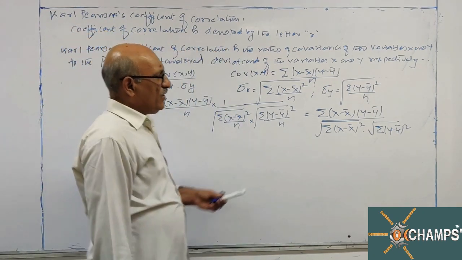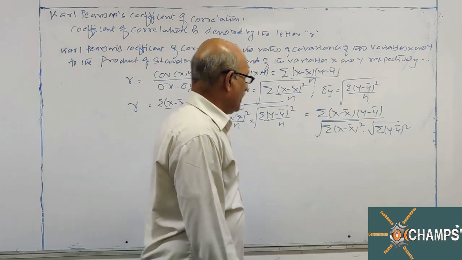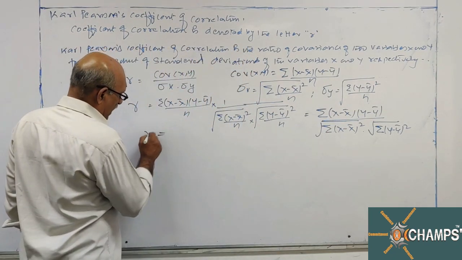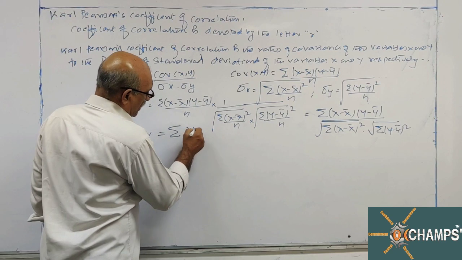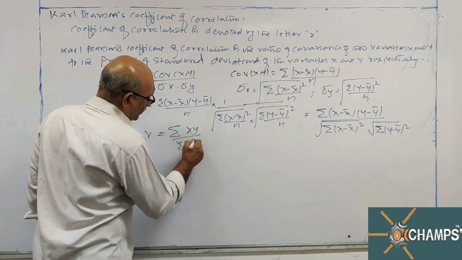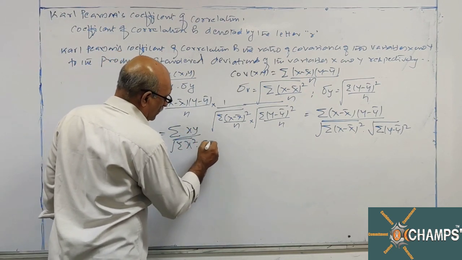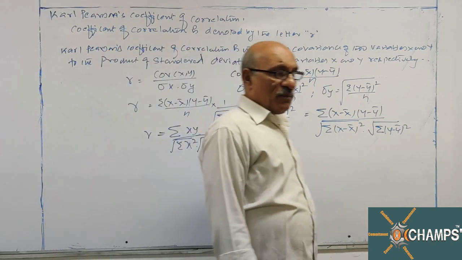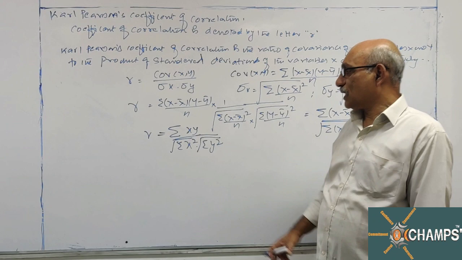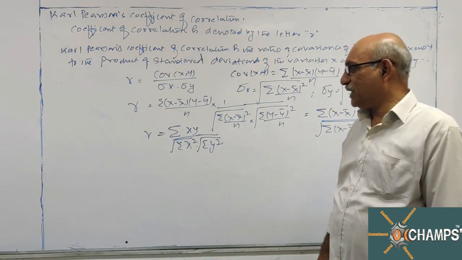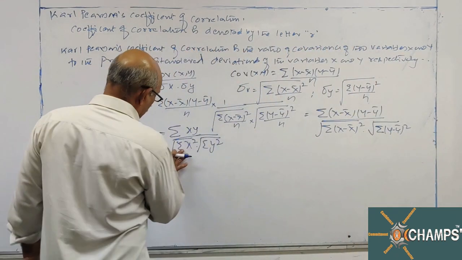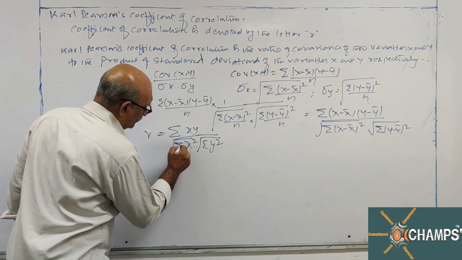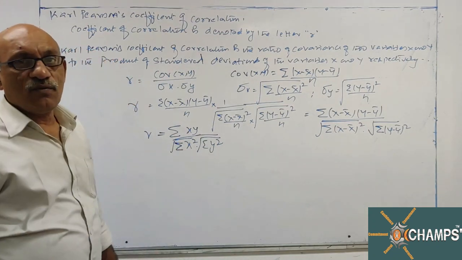Now, whenever deviations are taken from actual means, it can also be written this way: summation of xy by under root of summation of x square into summation of y square. This way also you can convert the formula.